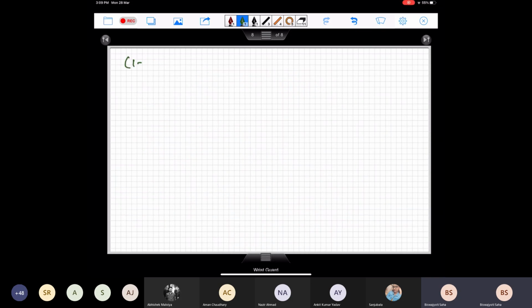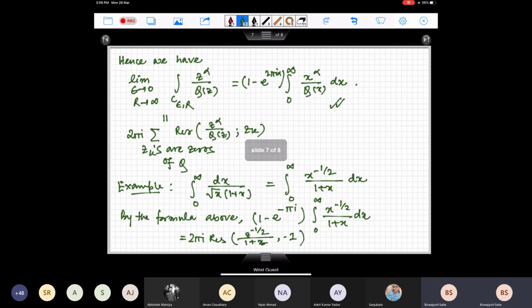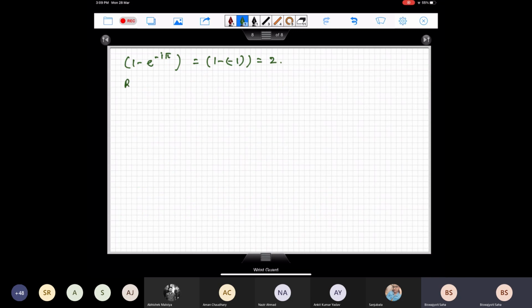So 1 minus e to the power minus iπ, that's minus 1, so 1 minus minus 1 is 2. And over here, what's the residue? The residue of z to the power minus half over 1 plus z at minus 1 I have to calculate. So I'm just going to multiply by z minus minus 1 and evaluate there.